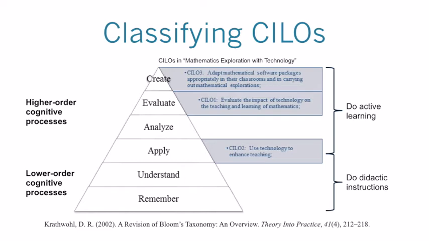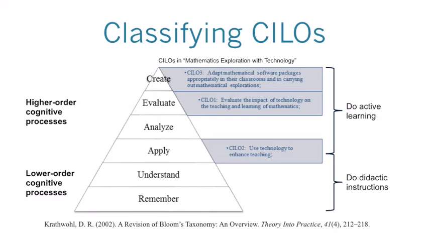And these two levels are considered lower order cognitive processes because, say for example, in order for students to remember some factual information without any further elaboration, we simply need to tell them directly. In this case, the traditional didactic instruction may already do a very good job. The same is true for understanding basic concepts, which often involves linking simple facts together, again, without further elaboration.